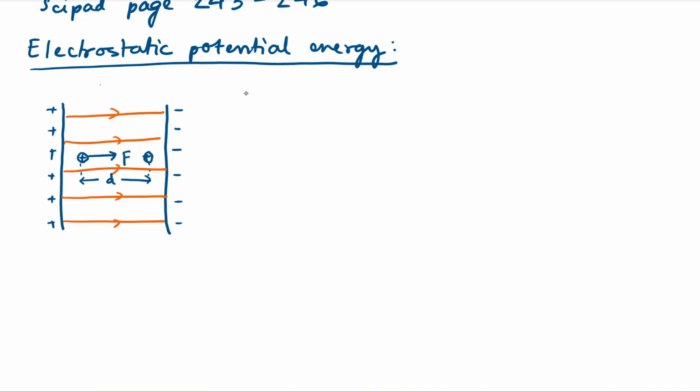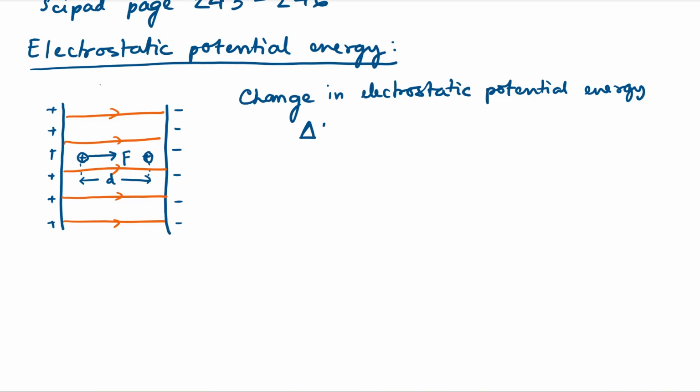So over here, because the electric field is doing all the work, we will basically have a change in electrostatic potential energy, and you can calculate how much electrostatic potential energy it has. Over here, it will be losing electrostatic potential energy because the force is doing the work. So all of that work is equal to the amount of electrostatic potential energy lost, and that energy can be calculated as the work done by the force, which is force times distance.